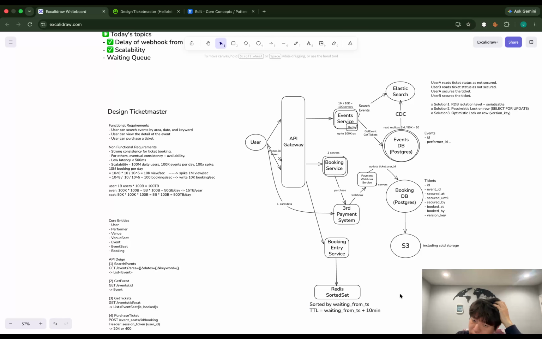Now I have to think of two things. How I can make sure that the user who's in the Redis SortedSet is able to book the seat.